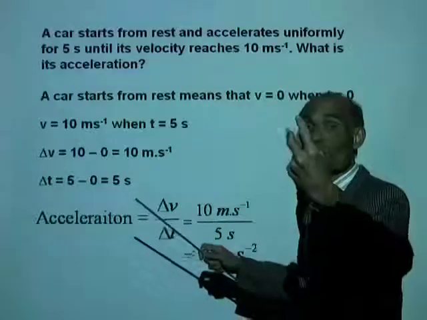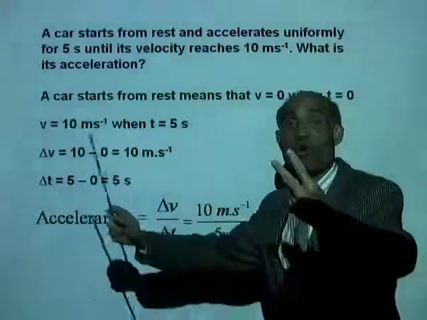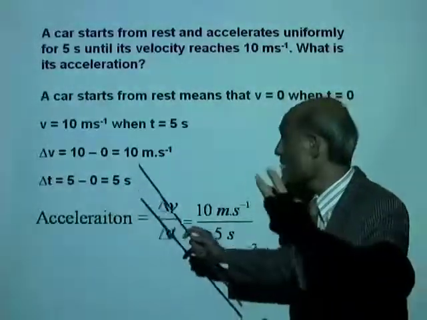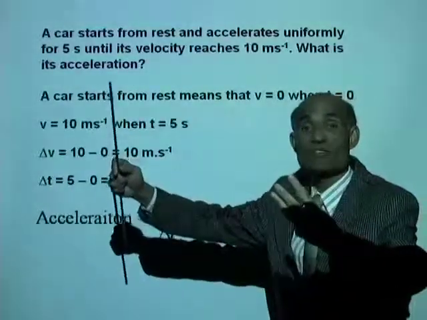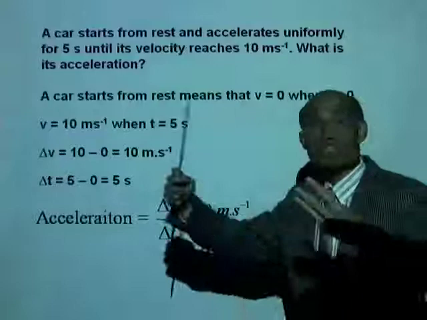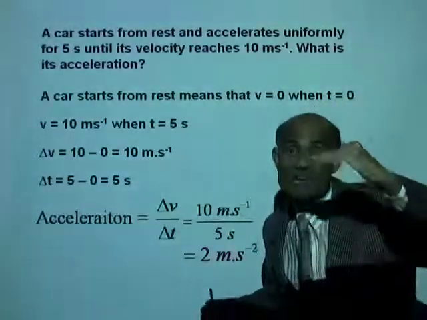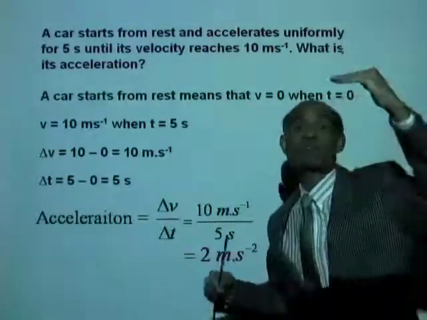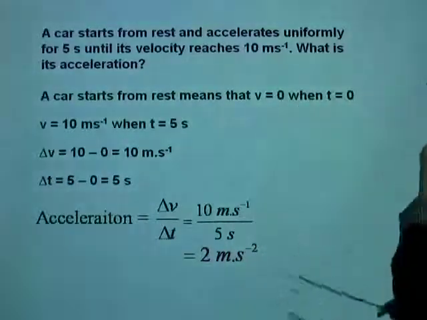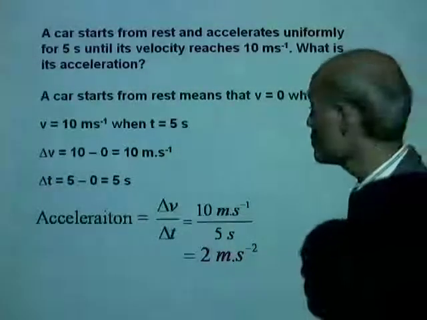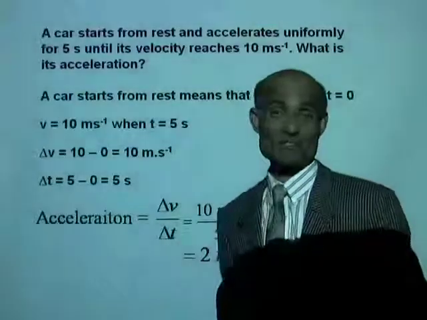When t equals 2 seconds, the velocity is 4 meters per second. At the end of 3 seconds, the velocity is 6 meters per second. Every second the velocity increases by 2 meters per second. That is the meaning that the acceleration is 2 meters per second squared.